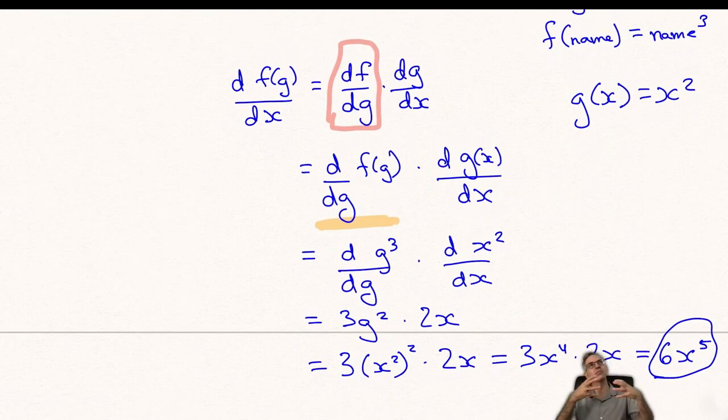Let me see if I can motivate the chain rule. In the world of business, since you're studying business accounting, you might have a function that is a function of another function.